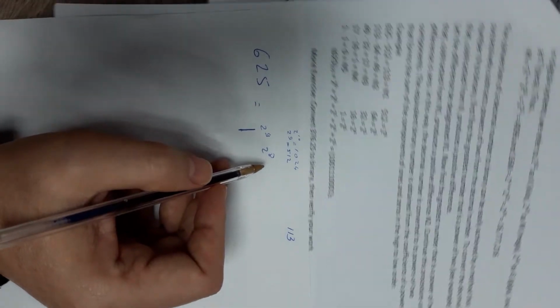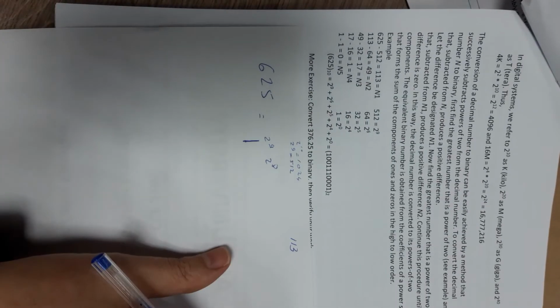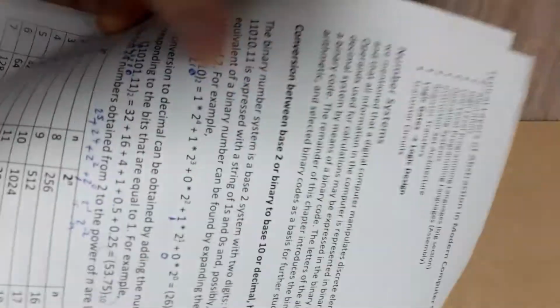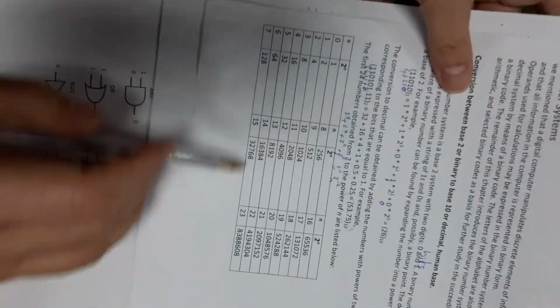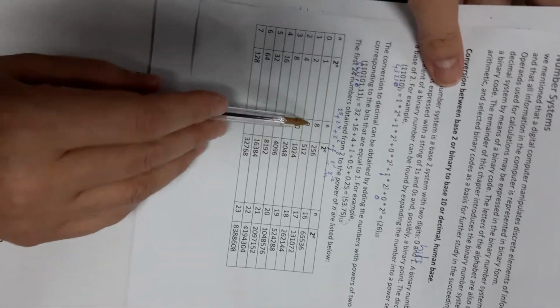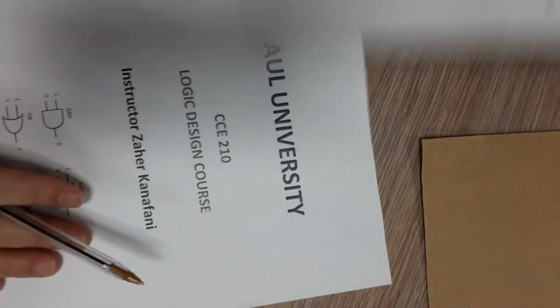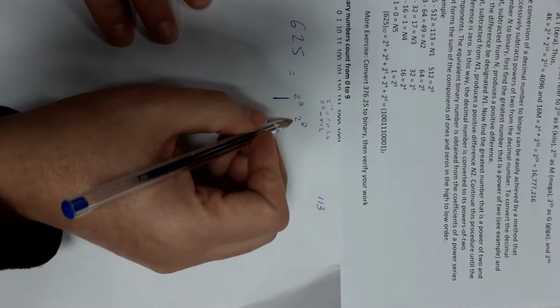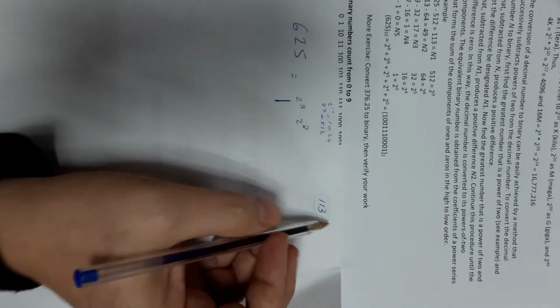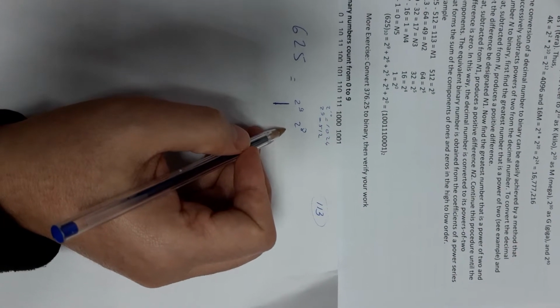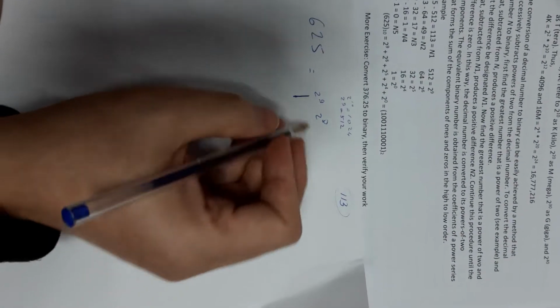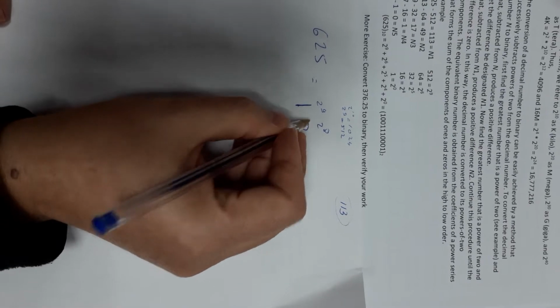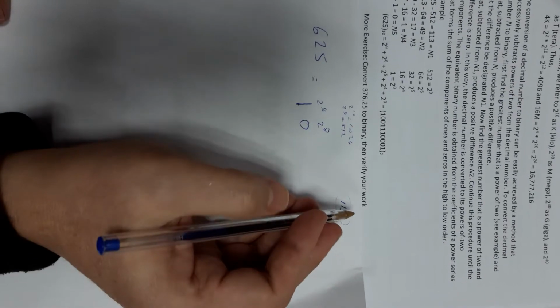You remember, in the previous paper about the powers of 2, 2 power 8 is 256, 2 power 9 is 512. So, do I have 256 in my 113? I don't have. So I put a 0.